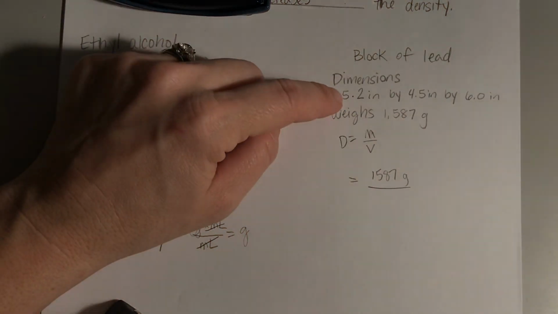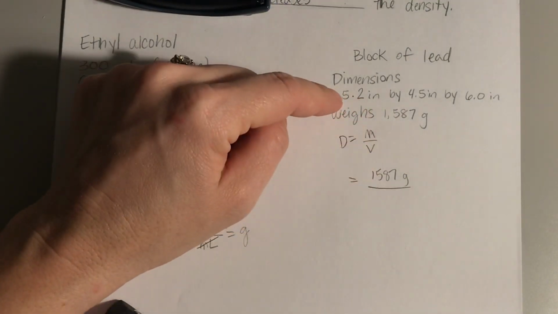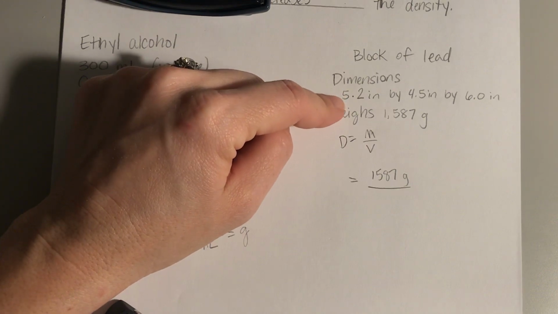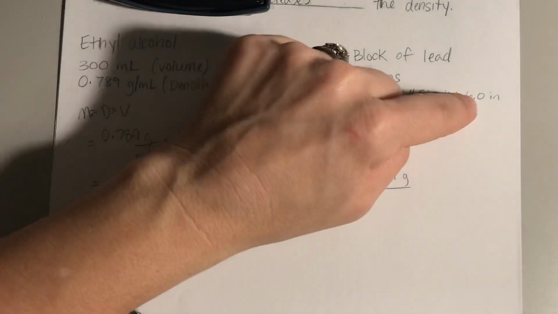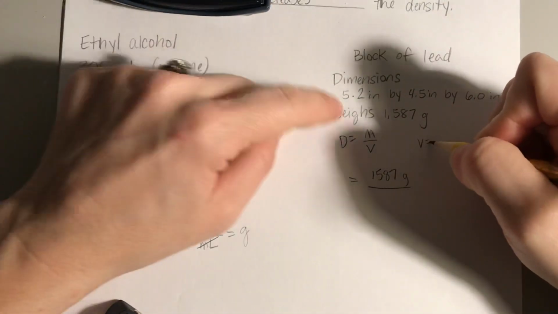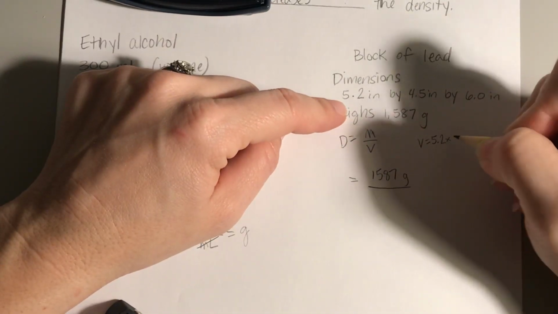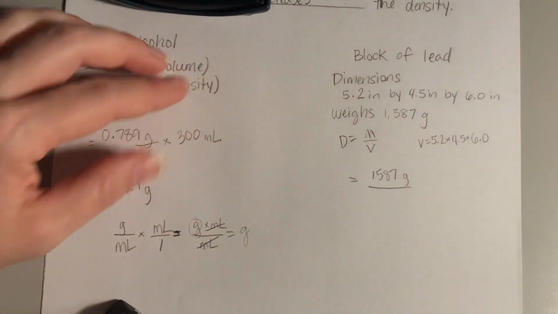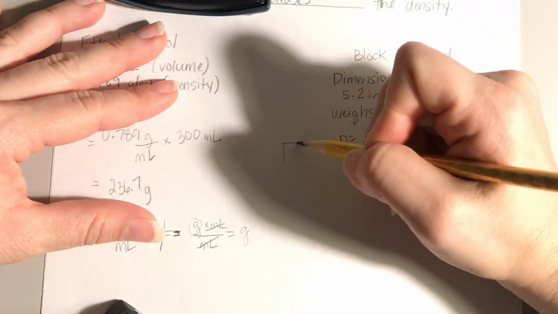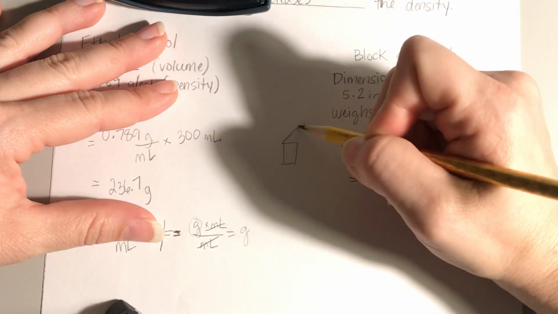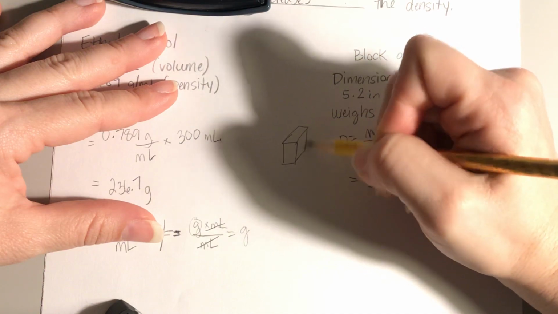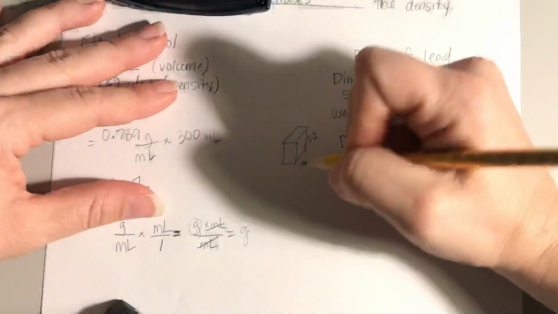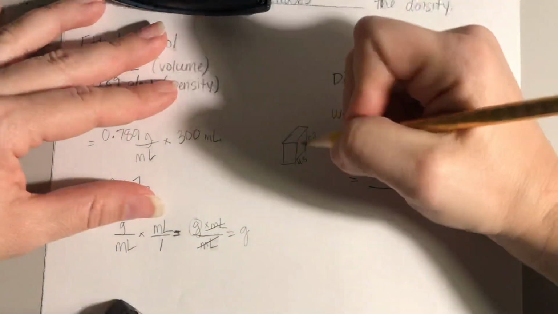And we divide it by the volume. Well, we have to figure out the volume because they don't come out and tell us what the volume is. They tell us the dimensions of something. And this is a rectangular prism, so if we multiply 5.2 by 4.5 by 6.0, think of this as a rectangular box type of thing, like this.